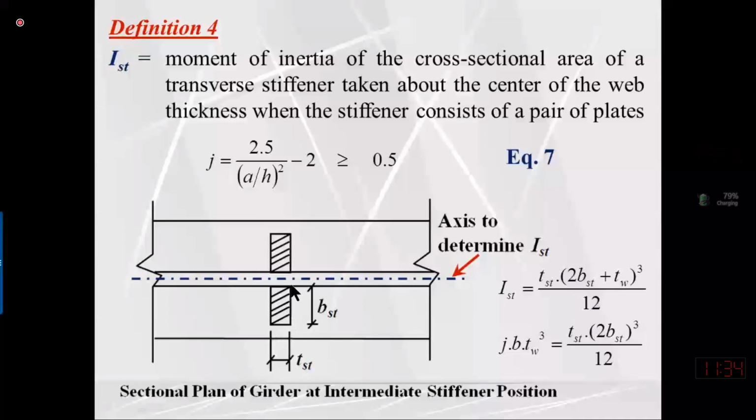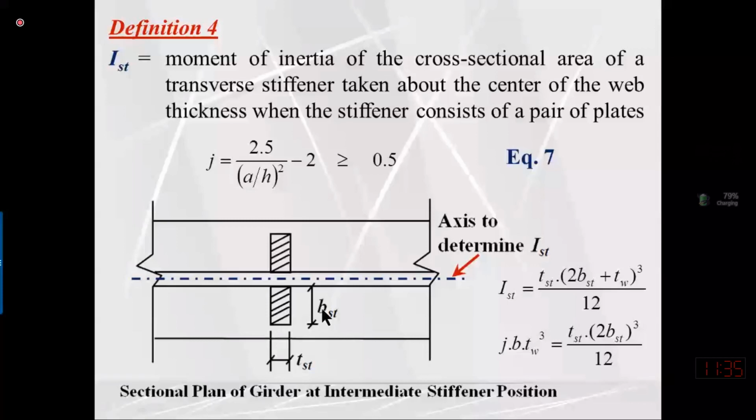So total depth of two stiffeners along with the thickness of the web will be equal to 2 times of BST plus thickness of web. And this thickness will be equal to TST. So moment of inertia will be equal to B into D cube divided by 12, where B is the thickness TST and depth is 2 times BST plus thickness of web.